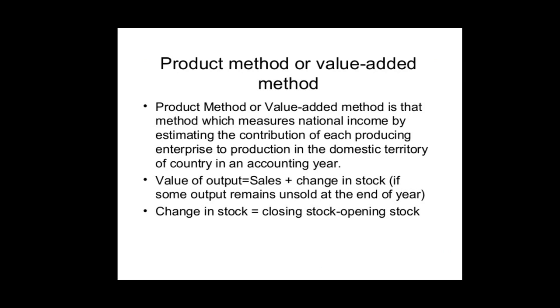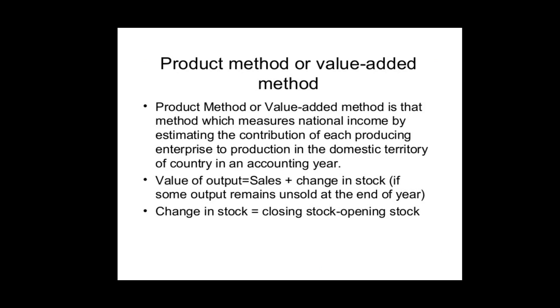When we count the value added by each and every productive enterprise and then take the sum total of all these value added, it gives us the estimation of national income without double counting.